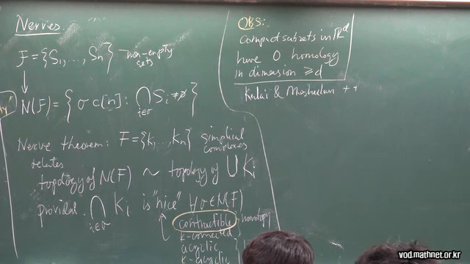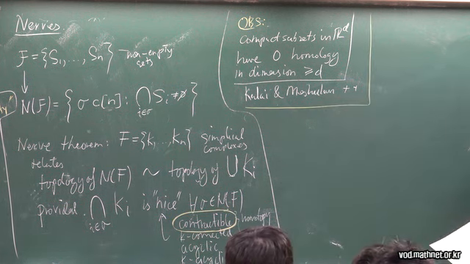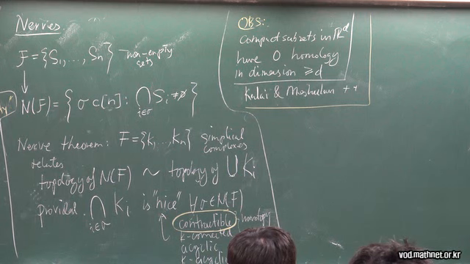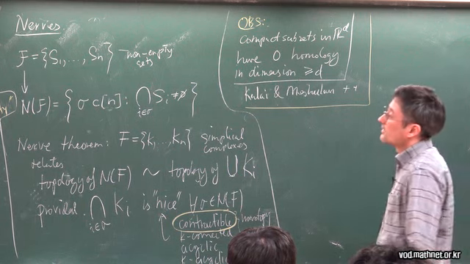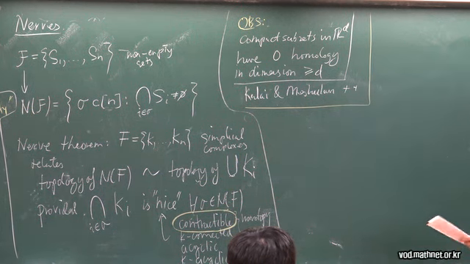Should immediately give us these kind of things. Okay. So that was a quick introduction to how we relate the nerve theorem to these piercing numbers.